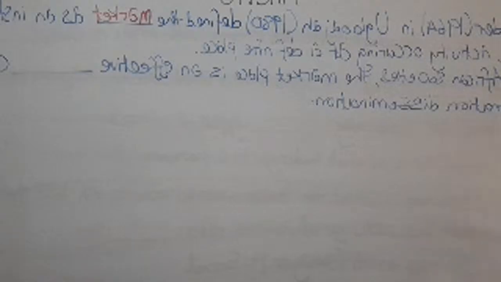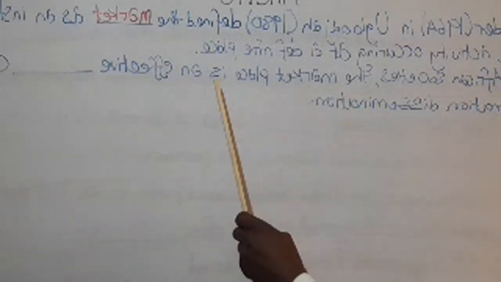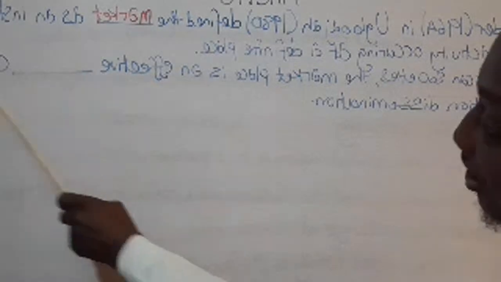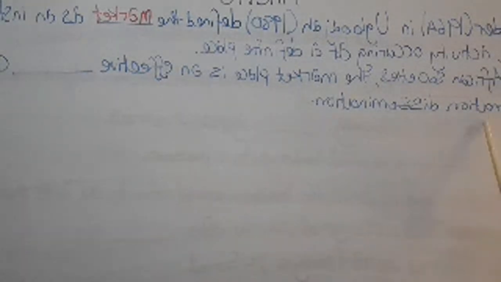Are we good? In African societies, the marketplace is an effective dash channel of information dissemination. Informal, yes, informal. It doesn't observe any structure.